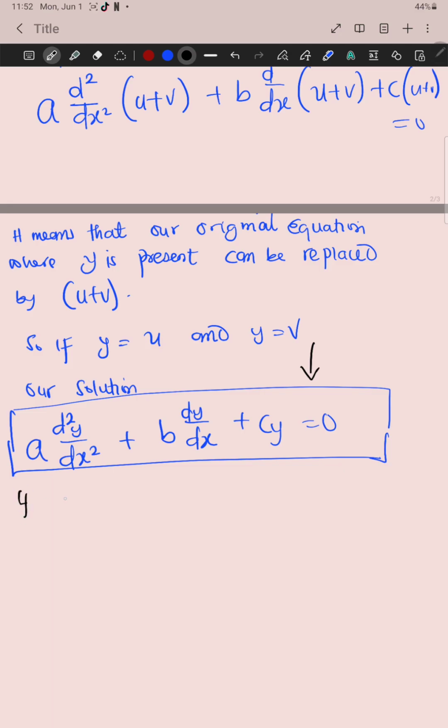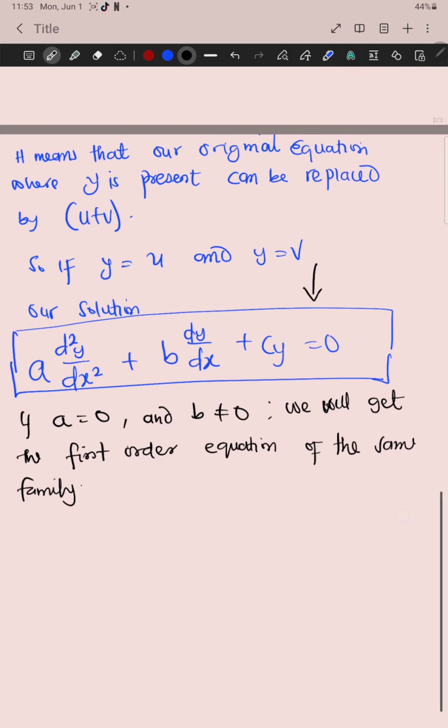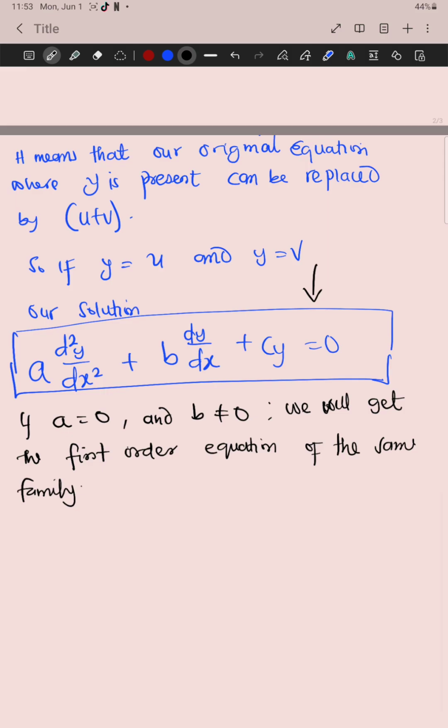If a is equal to 0 and b is not equal to 0, we will get a first order equation of the same family.